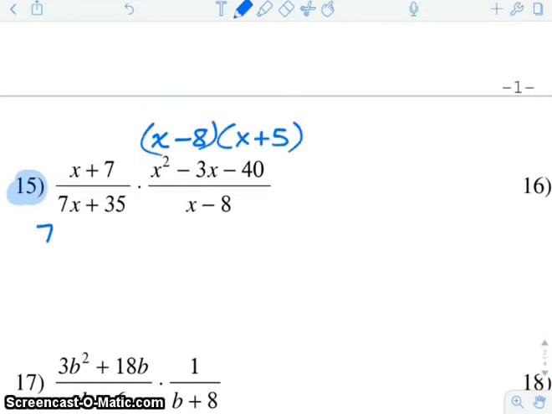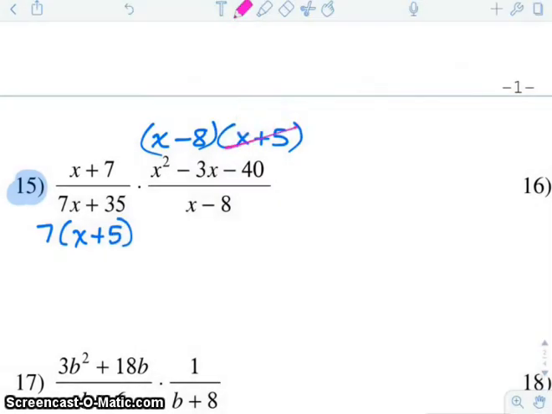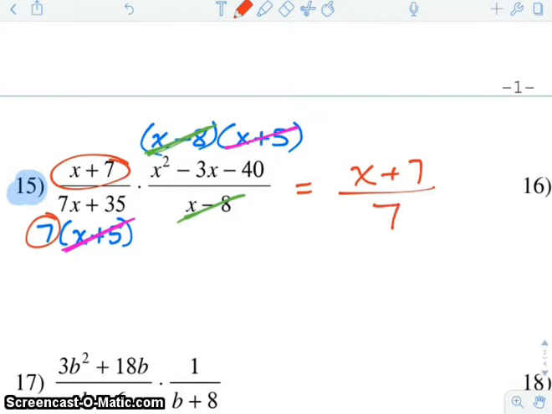And then down here, I take out a 7, and I have x plus 5. So when I multiply across, or I can cancel right away, I can cancel the x plus 5s, one in the numerator, one in the denominator, cancel the x minus 8s, one in the numerator, one in the denominator, and I'm left with an x plus 7 on the top, and I'm left with just a plain old 7 on the bottom. So for this one, I needed to factor first before I could multiply across.